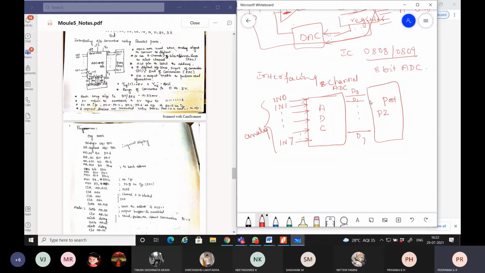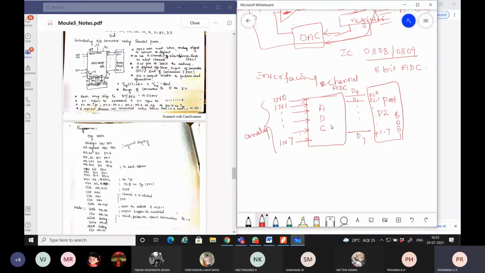So it is connected to port 2.0, port 2.1, up to port 2.7. The input is analog and the output is digital, interfaced to the 8051, so the 8051 can easily understand the information.